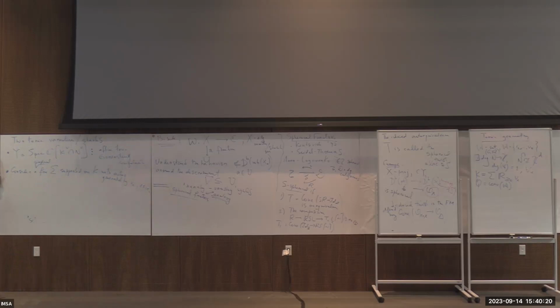This is the usual yoga that people do: you take a fan and then you associate with it a toric variety.